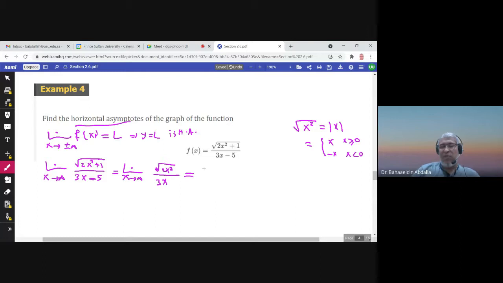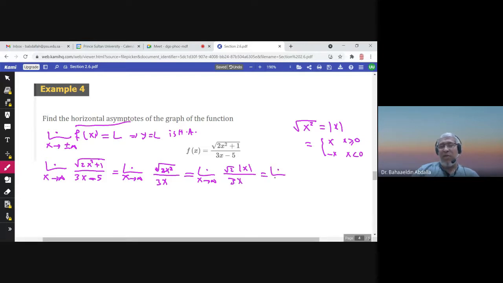So if x is positive, then we have square root of 2. Of course, square root of 2x squared, square root of 2 times the square root of x squared, which is x. Okay, let me write it in details. So I will write limit x approaches infinity, square root of 2 times square root of x squared, which is absolute value of x, and here 3x.